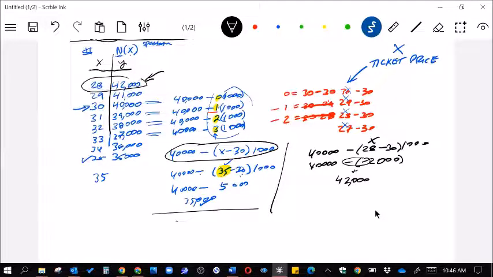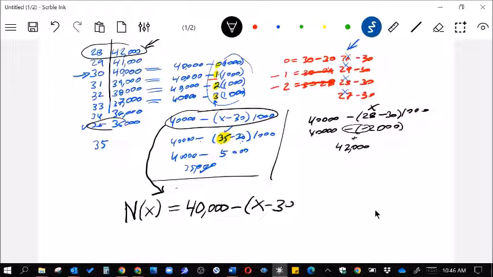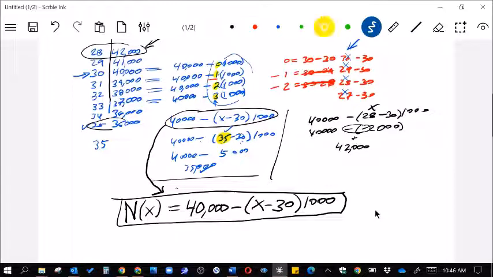And that's exactly what happens with 28. So we've tried it with the 35, we've tried it with the 28. This looks like the type of thing that would be the equation we would want. We would say that the number of spectators, based on the ticket price, is equal to 40,000 minus the ticket price minus 30 times 1,000. And that would be the equation that we want, and that's part A.